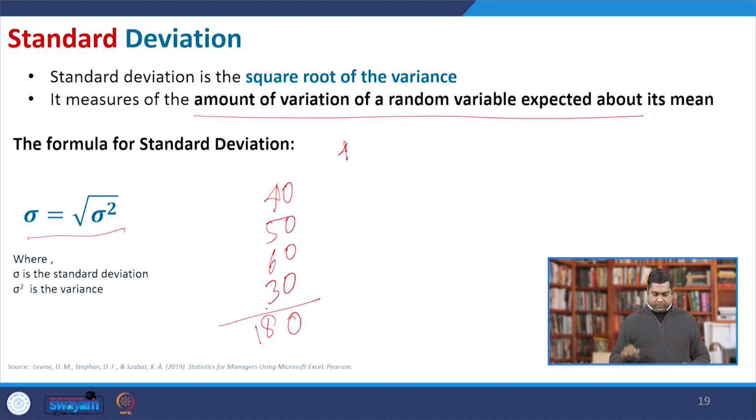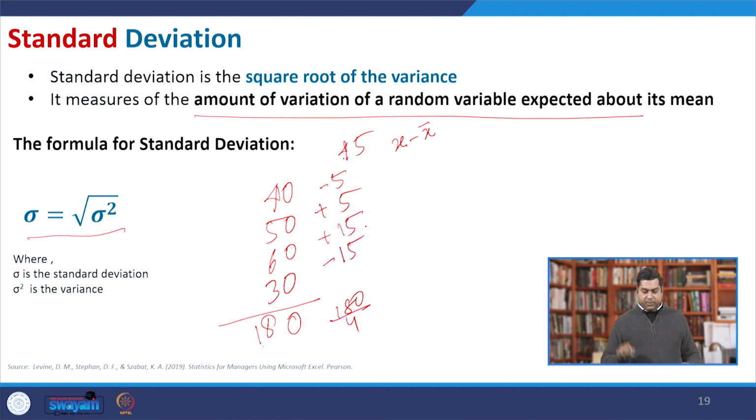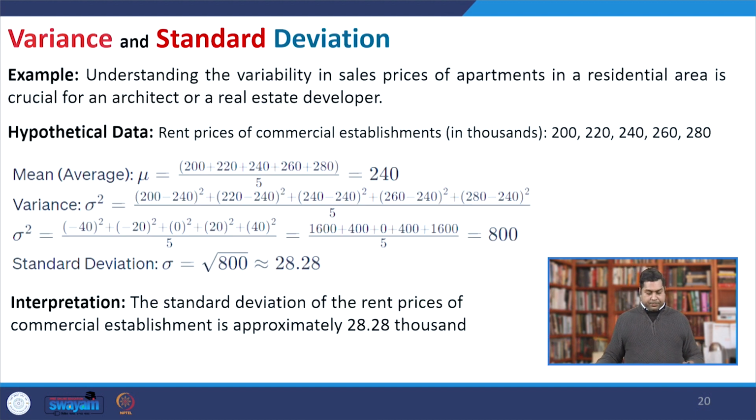So the mean value will be 180 divided by 4, which is 45. In this case you can see that there is some deviation. If you consider the formula x minus x bar, here you are getting 5, here 15, and there you have minus 15. These are the dispersions from the mean value, for the individual cases.